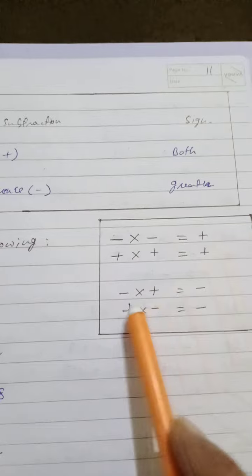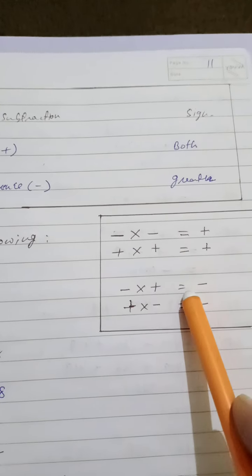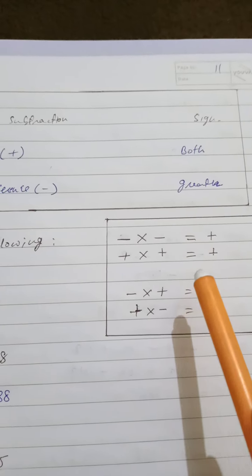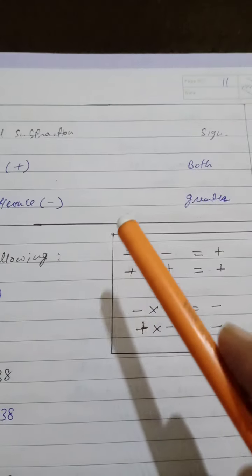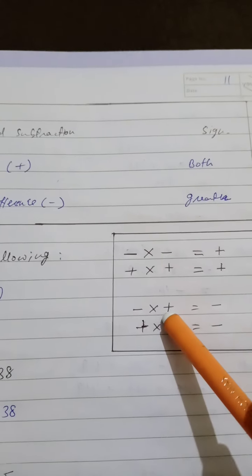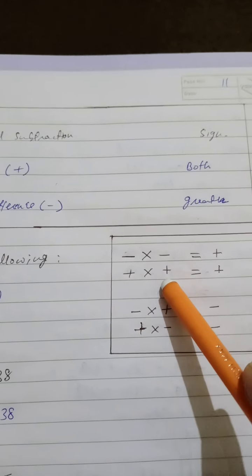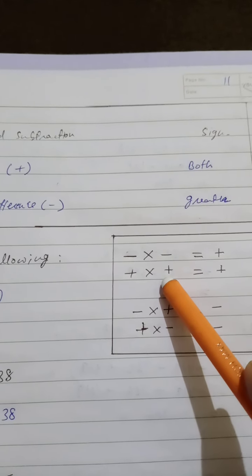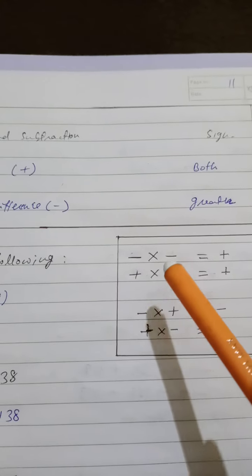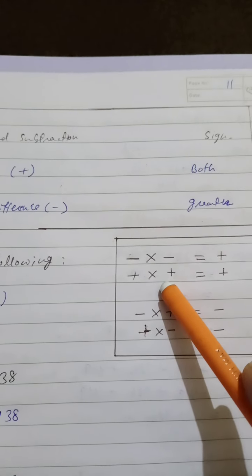Same sign sum, different sign difference. So we will use this concept in questions. Learn it properly. If you understand this, it will be easy for you to solve the questions, and mistakes of sign will be very few, or you can remove this mistake of sign.